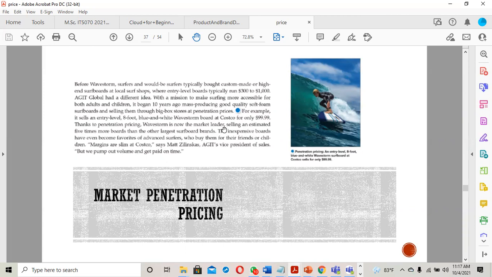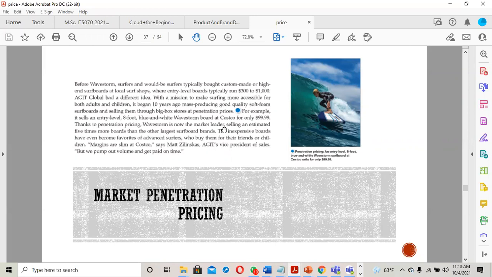What they wanted to make sure was that for $100, they were getting a good enough product. So Agit Global made sure they were producing a surfboard of good quality at $100, and producing in large numbers, so their cost per unit is lower as well.